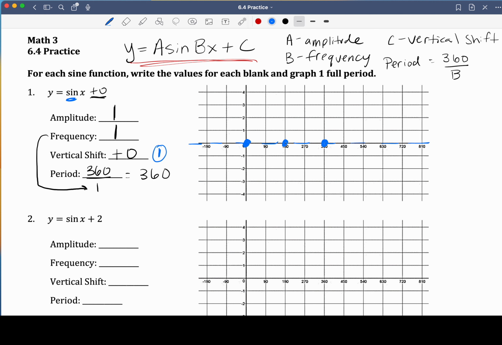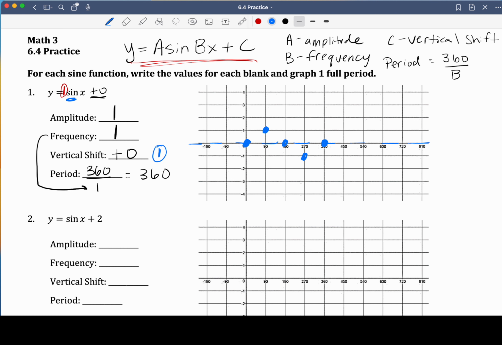Because our function is positive, you can see right here, this is just a positive 1. We are going to use that to graph our amplitude 1 above, halfway through our first two midline points, and then 1 below down here.